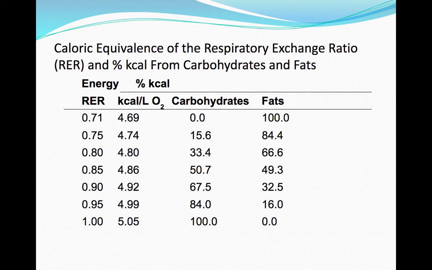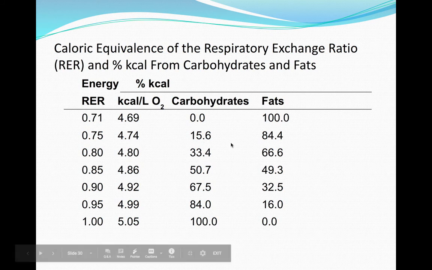If you're at a respiratory exchange ratio of 1.0, it's the exact opposite. It flips, and 100% of the resynthesis of ATP is going to come from carbohydrate. The only other number you should know is 0.85 because it's about 50-50. Otherwise, we all look this up if we had to know the exact breakdown. And where do I come up with that estimation of kcals per liter?